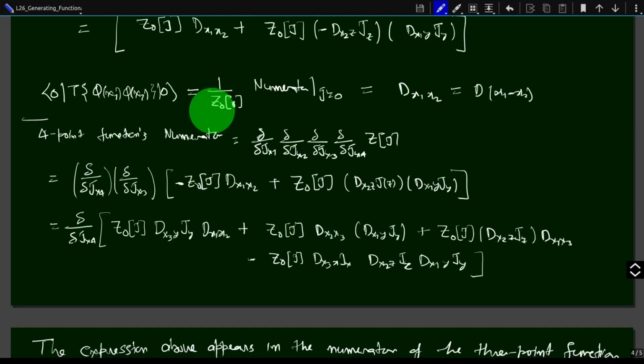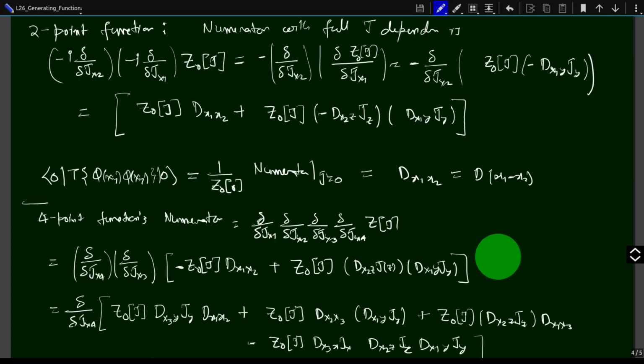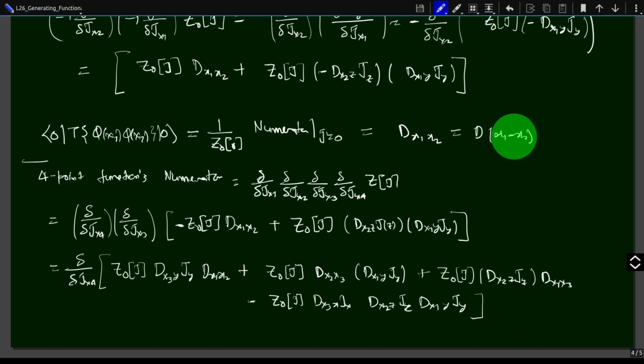So very trivially I got the exact propagator over here. This is supposed to be a propagator satisfying all the conditions that I wanted it to satisfy, and this is dx1 x2, x1 minus x2.